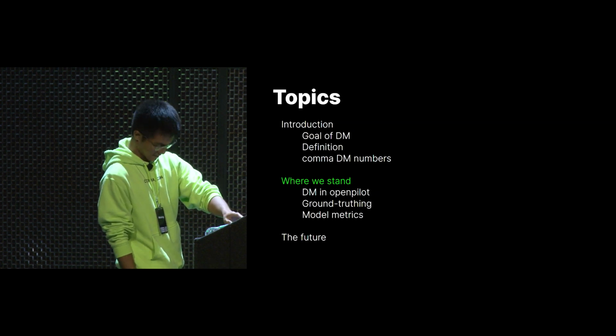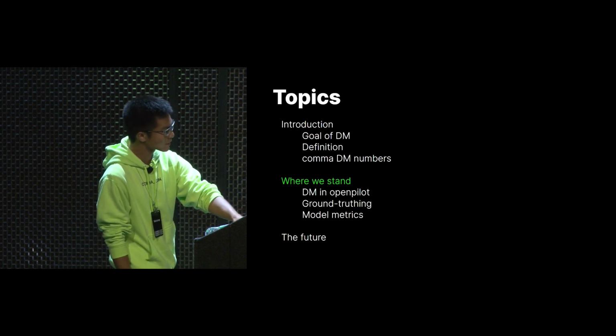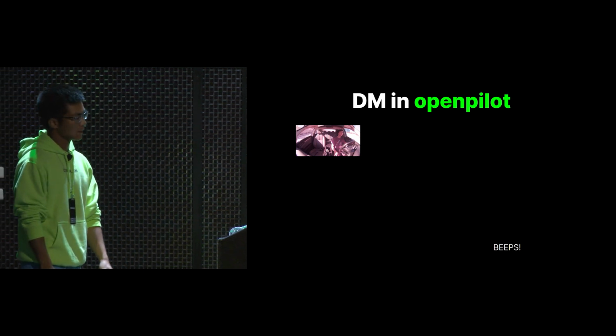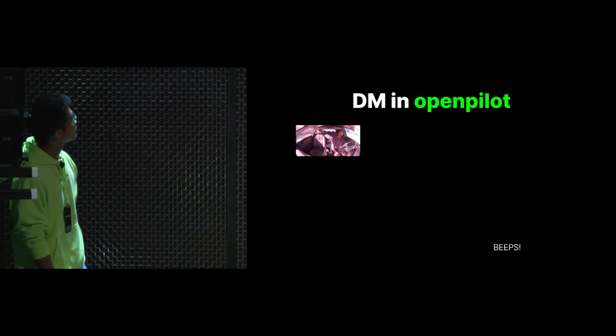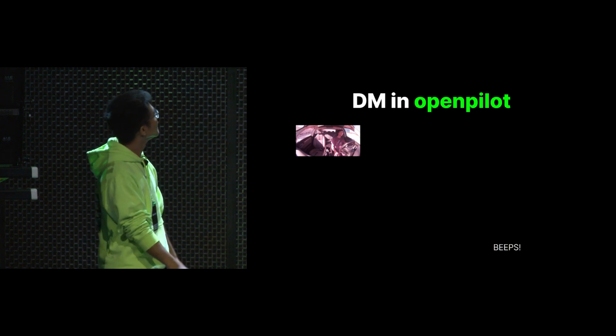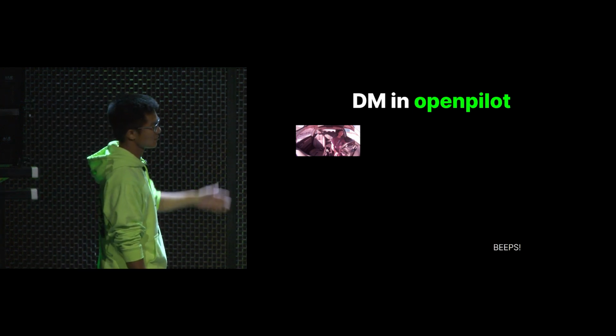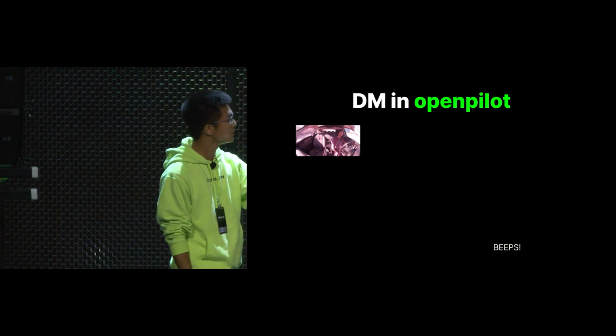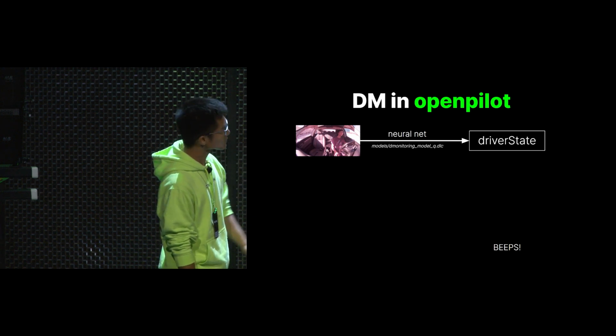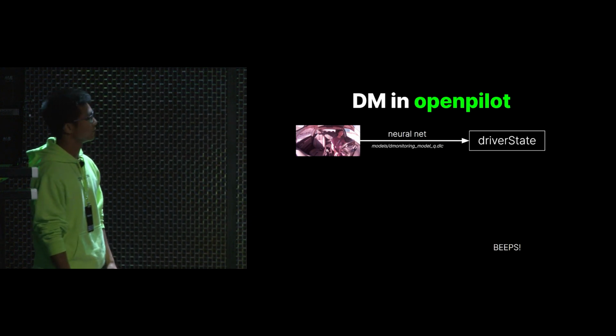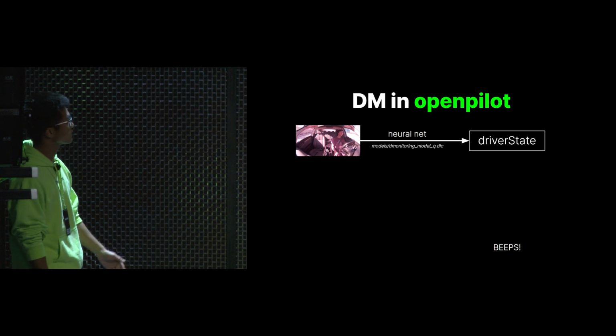So how does everything work? We start by looking at what happens in OpenPilot, from sleeps to beeps. We have the driver-facing camera that takes the picture of the driver, say here with this beautiful comma-free camera. And then the picture is fed into a neural network to estimate some parameters of the driver.